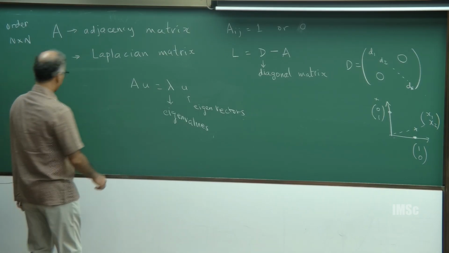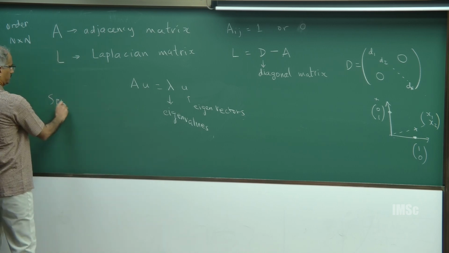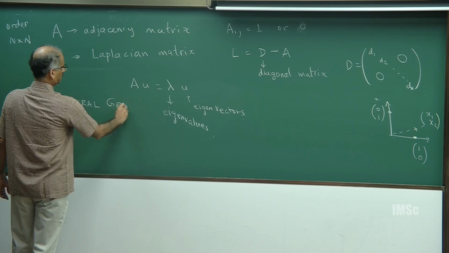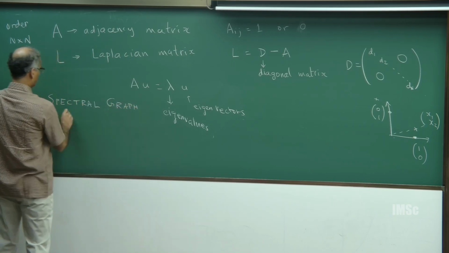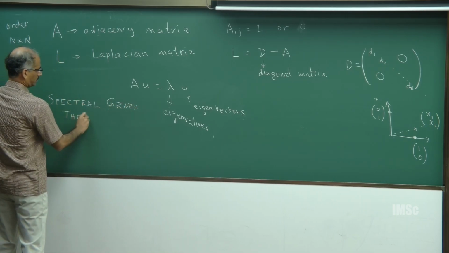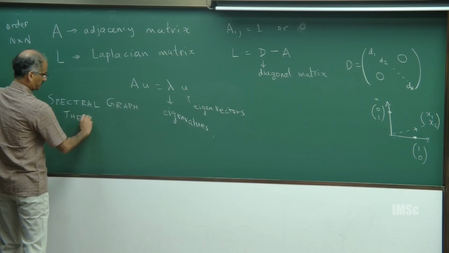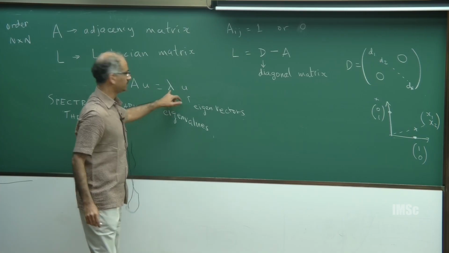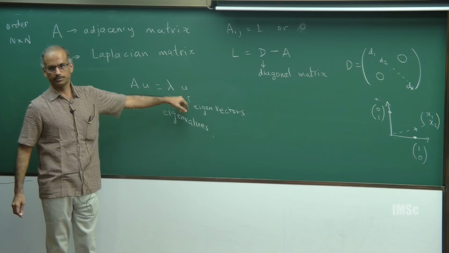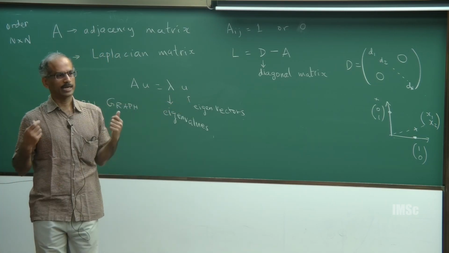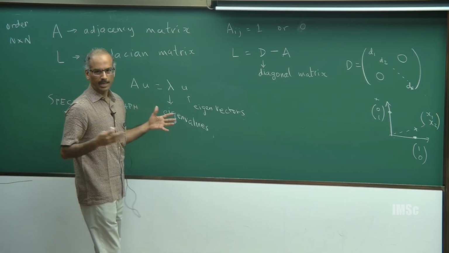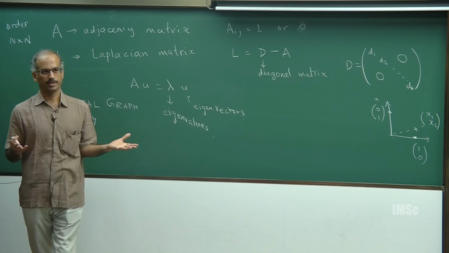So the goal of spectral graph theory is simply to be able to analyze these quantities, lambdas and u's, and extract as much information as possible about your network as you can.